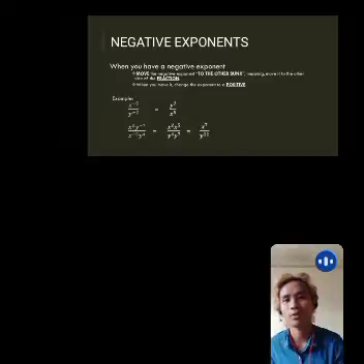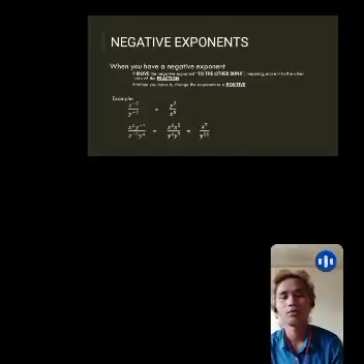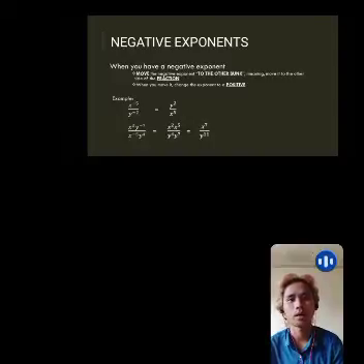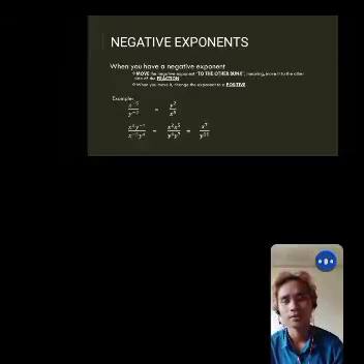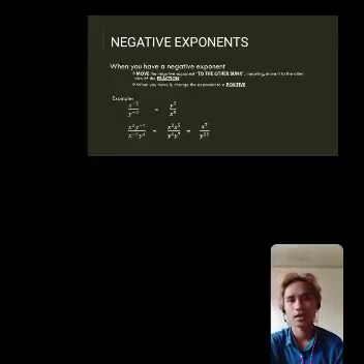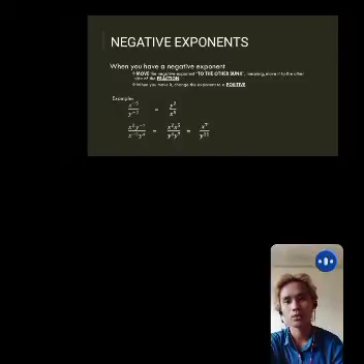So, negative exponents. When you have a negative exponent, move it to the other bunk, meaning move it to the other side of the fraction. When you move it, change the exponent to a positive. So you have it here, x raised to negative 5 over y raised to negative 2.